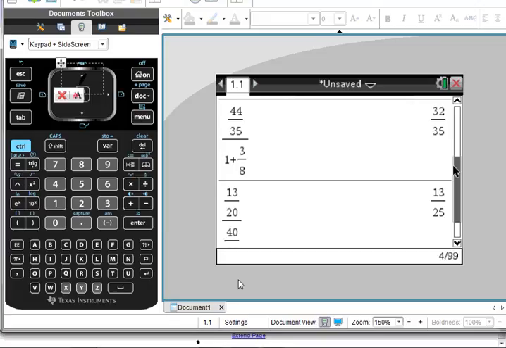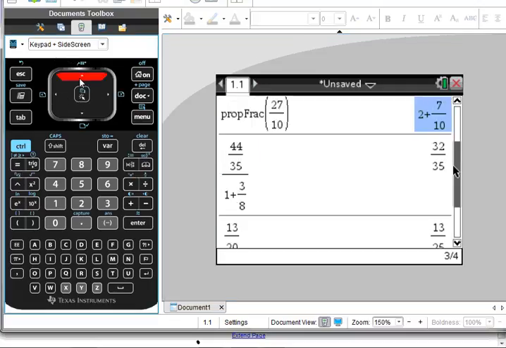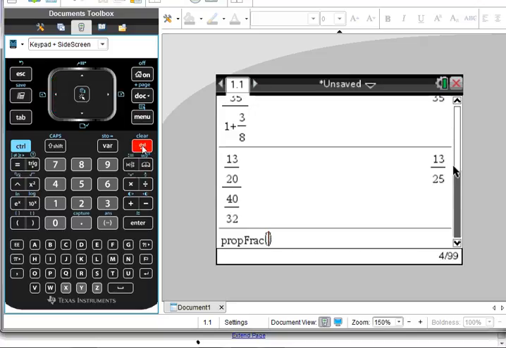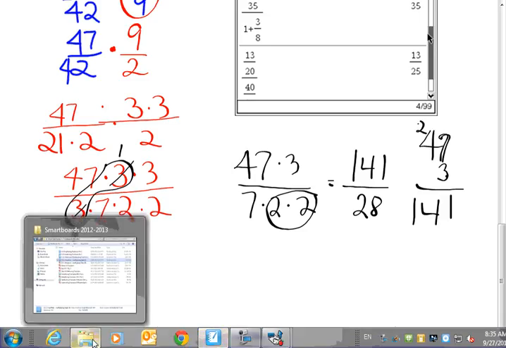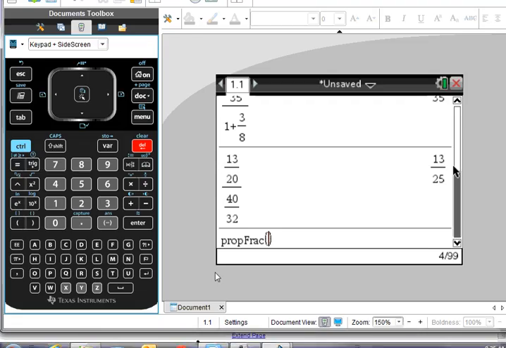I could either find it again or I can go up here. What is this doing? My ink layer or something. There we go. Oh, there's proper fraction. Guess what? I can just press enter, pull it back. Then I don't have to go find it again if I've already been doing it. And what did we have there? I forgot. What was it? Okay, make me go back. 141 over 28. Ooh. I don't want to do it by hand.